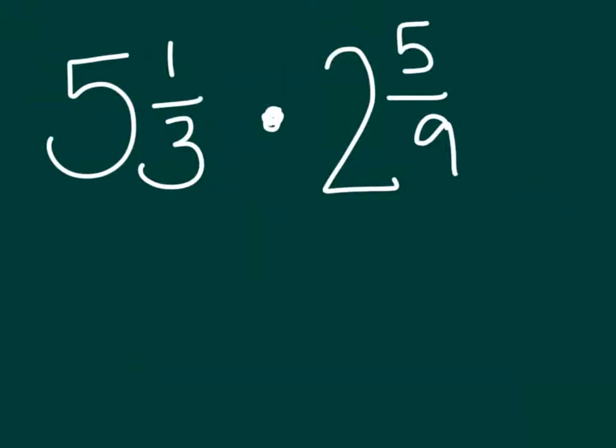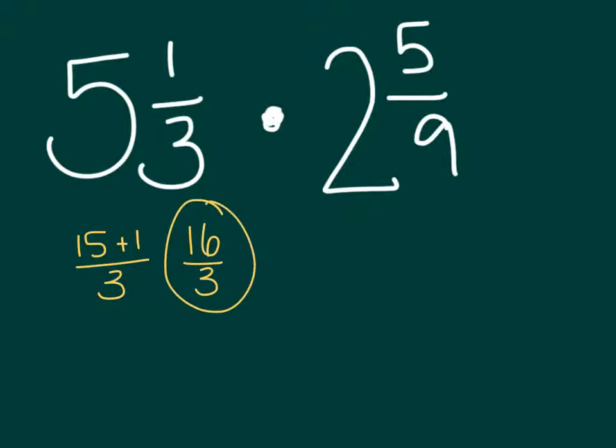Looking at this problem, the first thing I would do is to change to improper fractions. So 5 times 3 is 15. 15 plus 1 over 3 is really 16 over 3. And 2 times 9 is 18, plus that numerator of 5 over 9. And 18 plus 5 is 23 over 9.